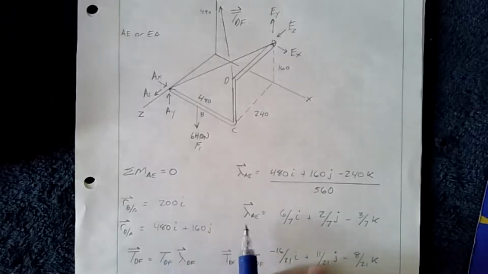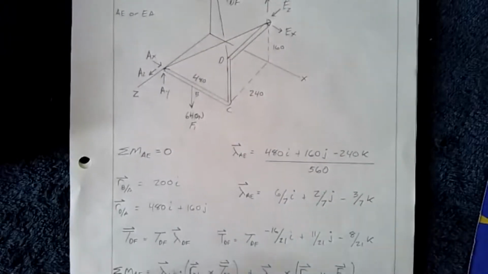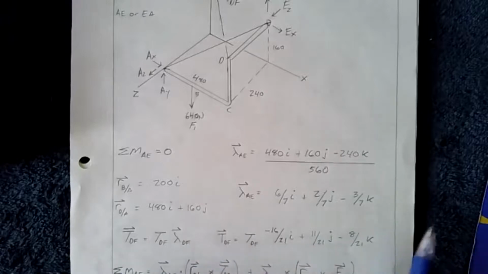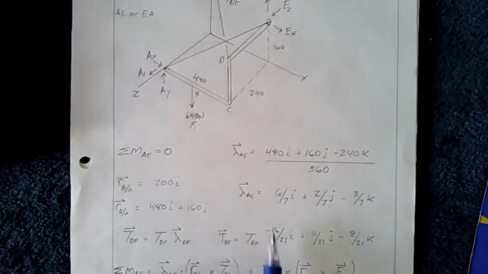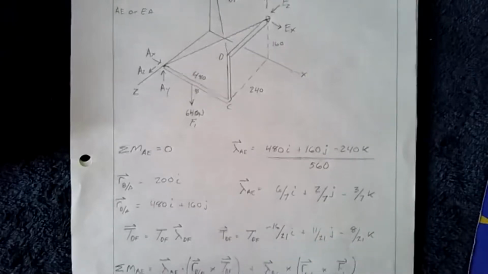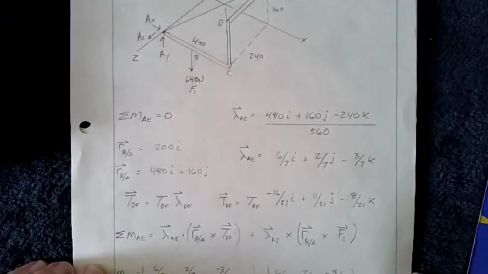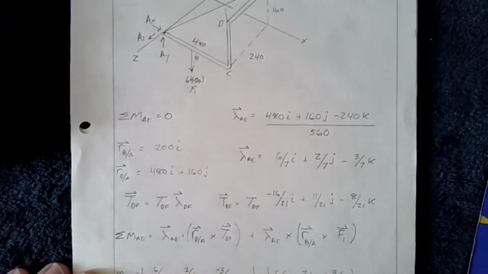So now that I have that and that, I need to figure out what is my tension DF in terms of a vector. So I know that if I take DF, just like you've done before in chapter 2, I'm going to go through this fairly quick because you know how to do it. You multiply the scalar value through each of the respective vector directions, and then there's our governing equation.